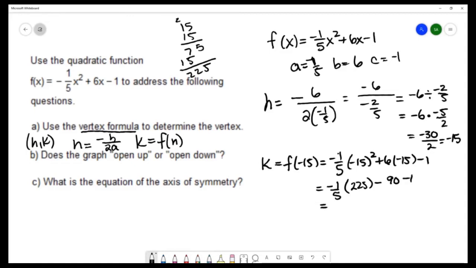And 5 divided into 225 will go in there 45 times. So we get negative 45 minus 90 minus 1.